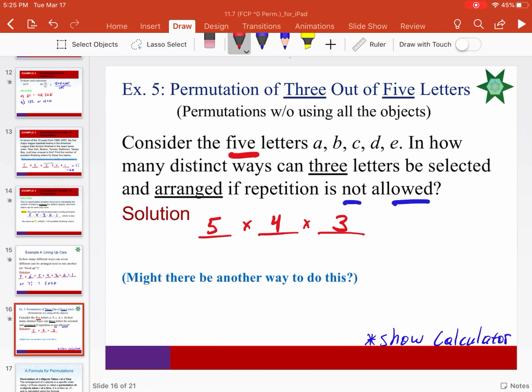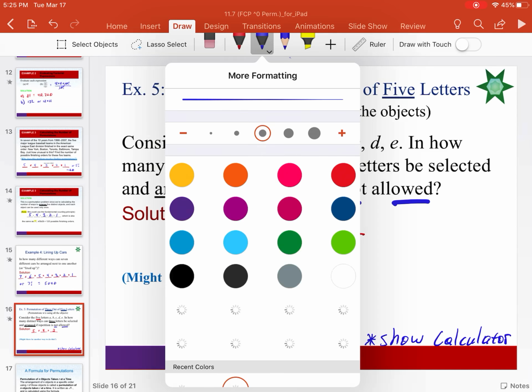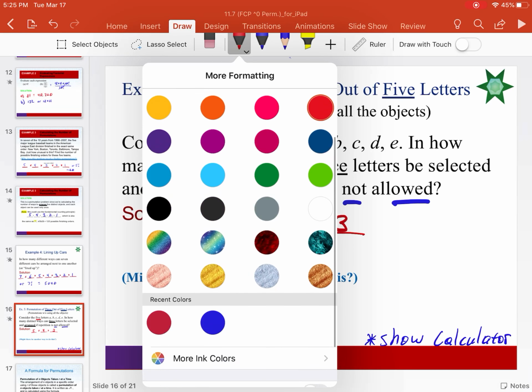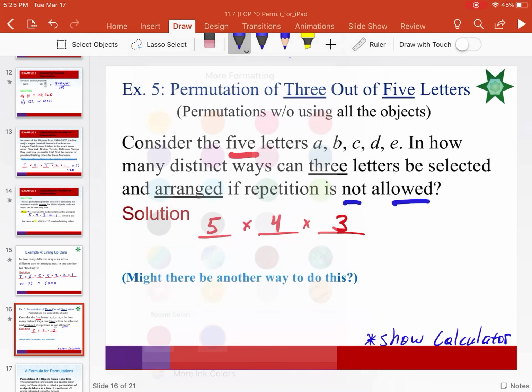Now, very interesting though, there is another way that you could do this. So check this out. And this will actually lead us to a pretty important formula for this section, okay? What if you decided to keep on going and you multiplied times 2 times 1?